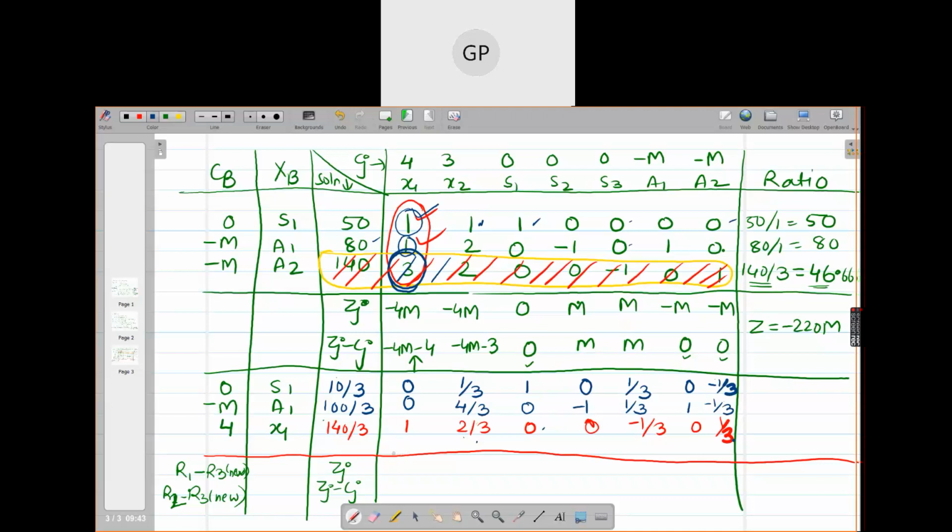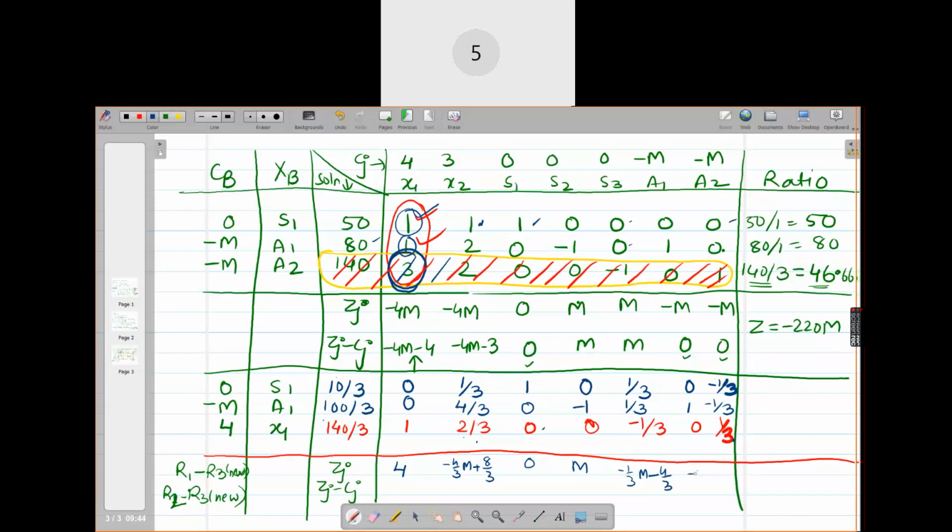4. Yes, 4. Minus 4 by 3 M plus 8/3, right? Then 0 plus M, plus M minus 1 by minus 3. 3M by 3, minus 4/3 by 3.